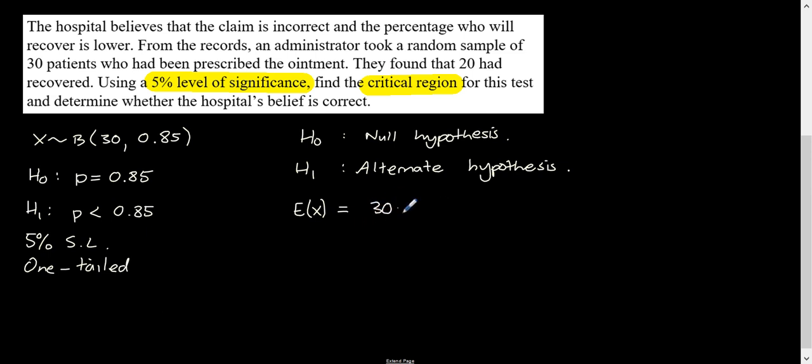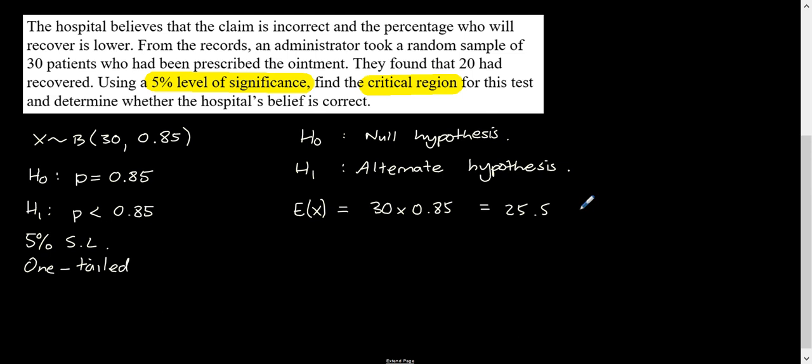The expected value of x, in this case, stands for how many out of 30 would you expect to recover if the 85% is true. So we take the 30 and we multiply by 0.85. And we would expect 25.5 patients to recover if there was an 85% success rate.